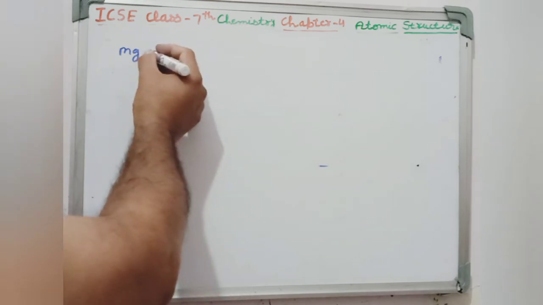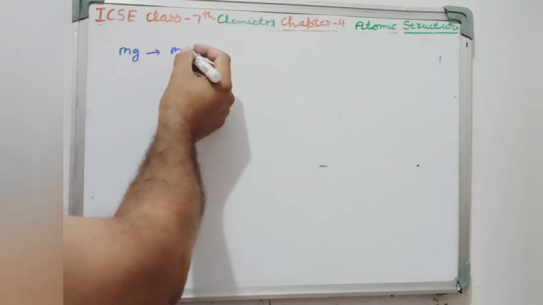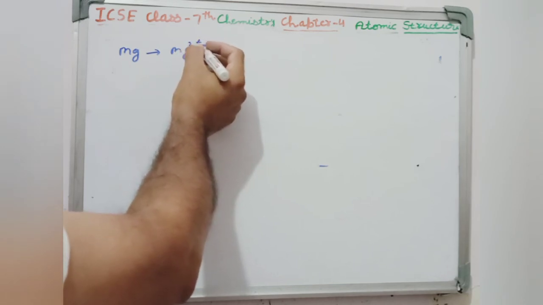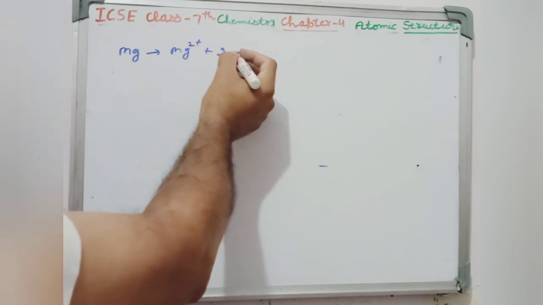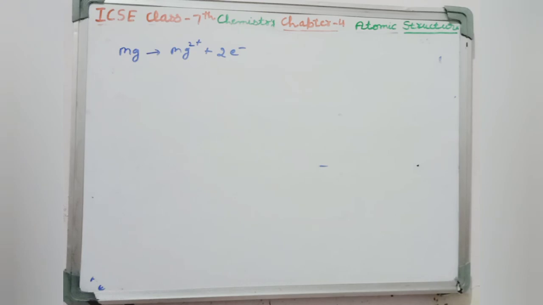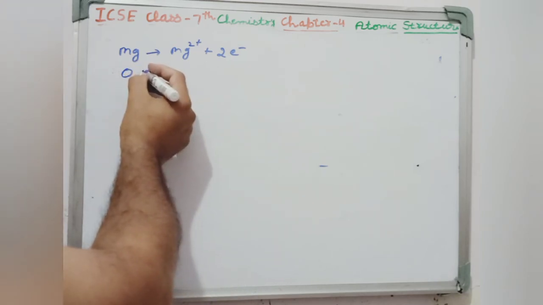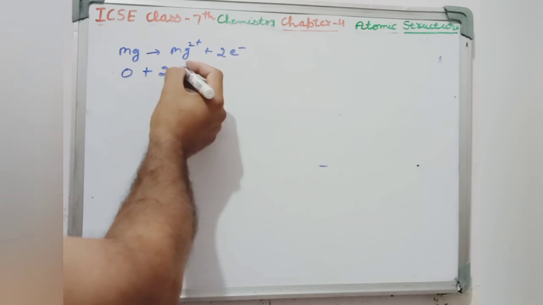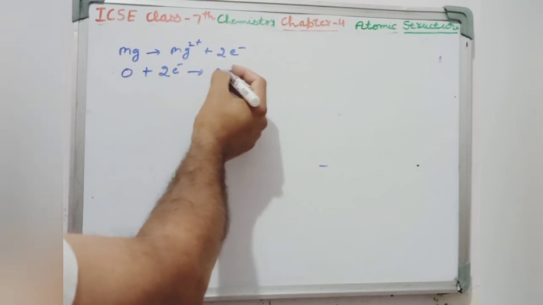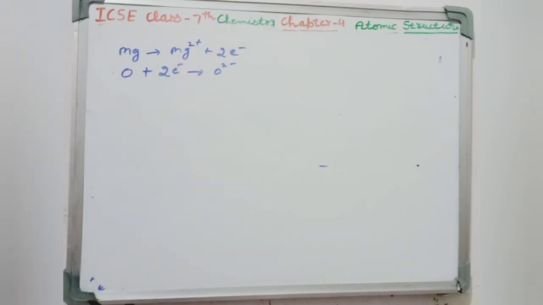This magnesium atom loses 2 electrons, and oxygen gains 2 electrons. It will become O2 negative.